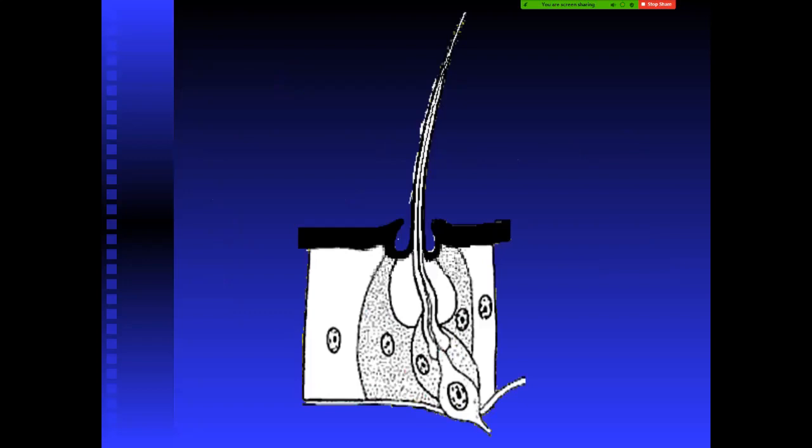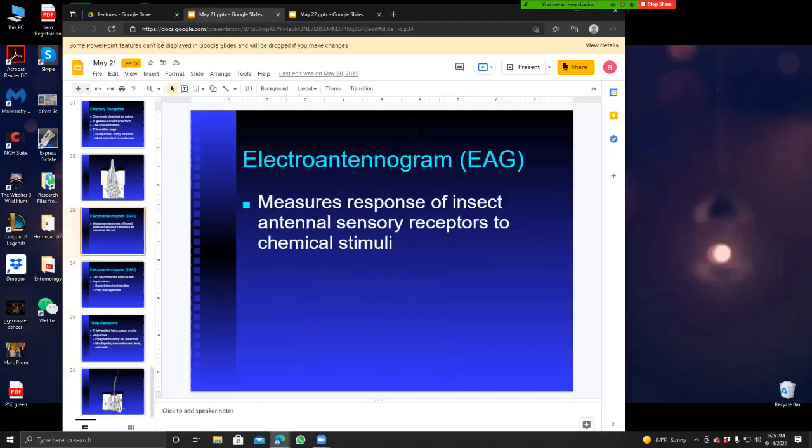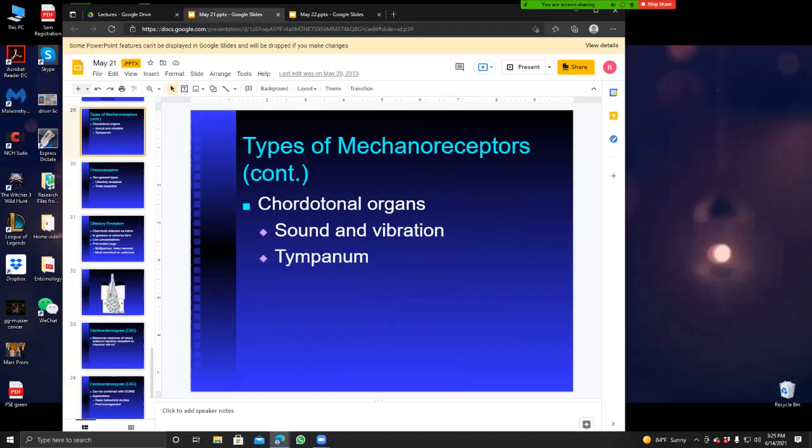It'll have the ability to pick up chemicals like a lock and key, and the chemical will attach to the receptor, cause the hair cells to respond and send a signal down the neuron. Or there might be pits and so forth. Anyway, that gives you a little bit more information about how insects respond to the environment.